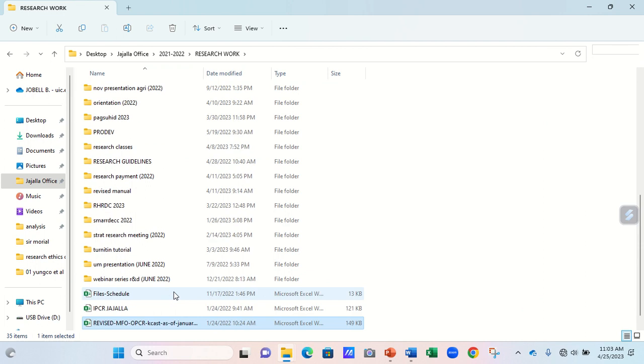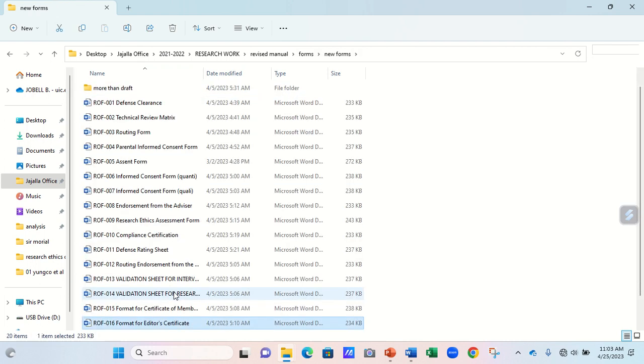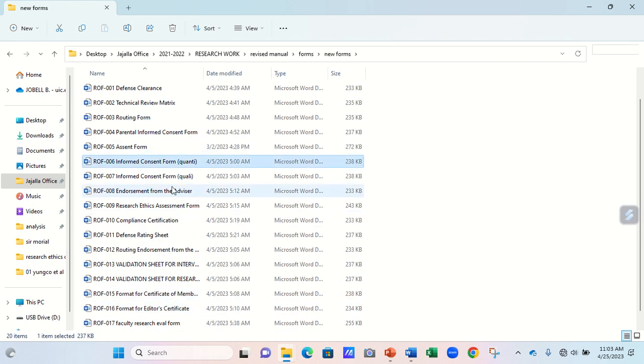There is an informed consent form for quantitative and an informed consent form for qualitative. They are different, class, so we cannot randomly choose depending on what we like. We have to match this to our own study. If you are doing mixed methods, you will use both quantitative and qualitative. The informed consent form is only applicable to participants or respondents 18 years old and above, mature participants.